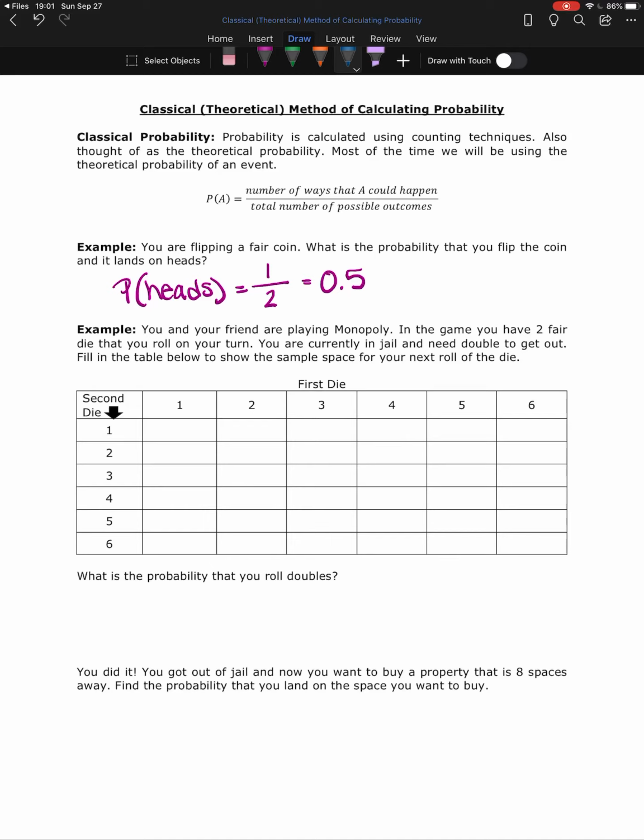So the numbers in this first row represent the outcome on the first die. Then the column here shows what the number is on the second die. So for example, in this first empty box, this would tell me that I have a roll of 1, 1.